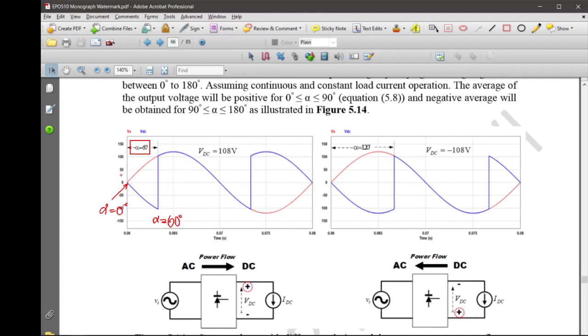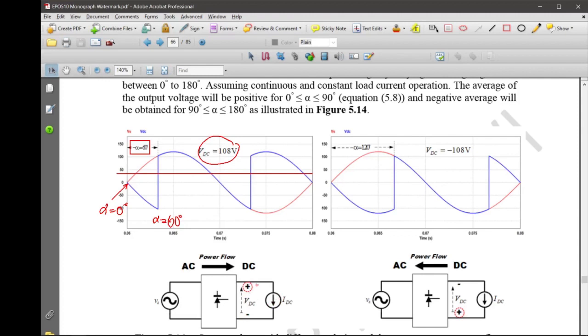So if you measure the output voltage, we get about 108 average voltage. Still positive, isn't it? So we have this positive-negative polarity, and the current goes into, this is a constant current in the output.